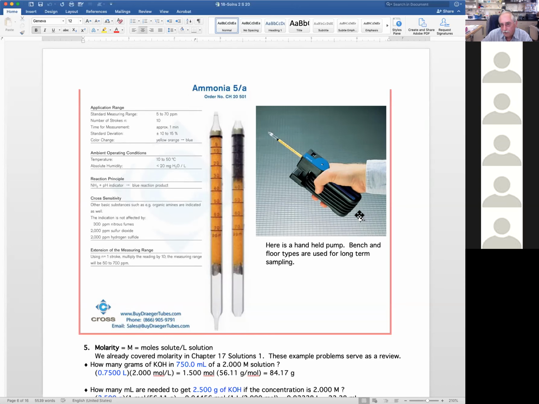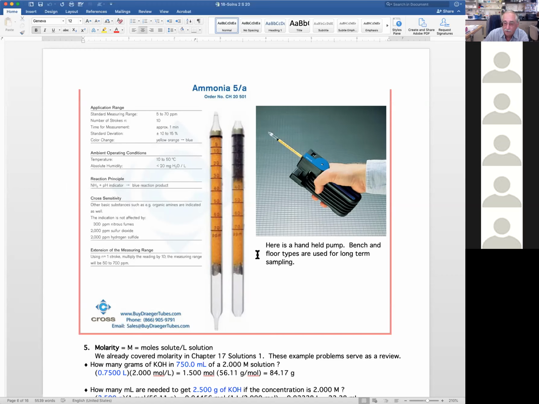You could put a different kind of pump on a robot and have the robot drive in there and sample for you. Say you've heard of sick buildings, right? Where the people in there get sick after long-term exposure. What is the chemical that is doing that? Well, you could make a bench or floor type model of this, and you could run it all day.